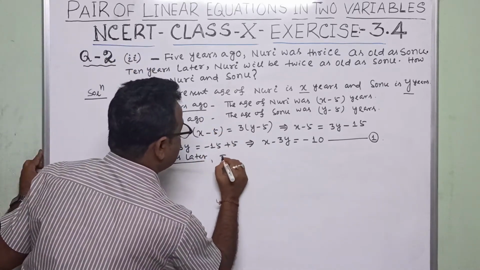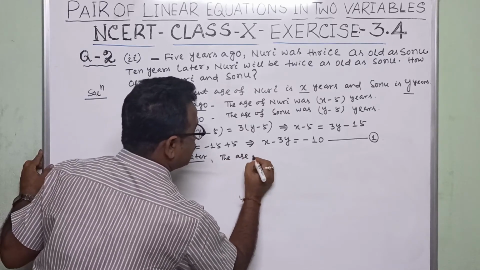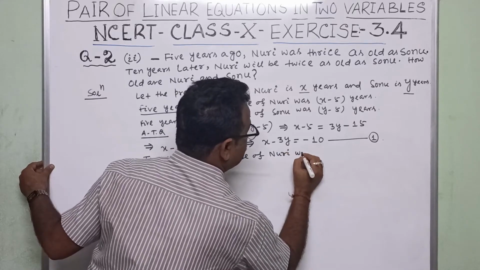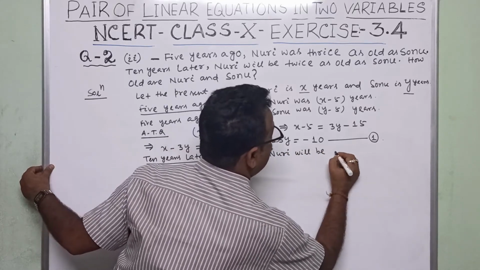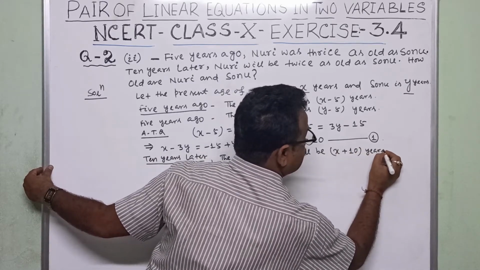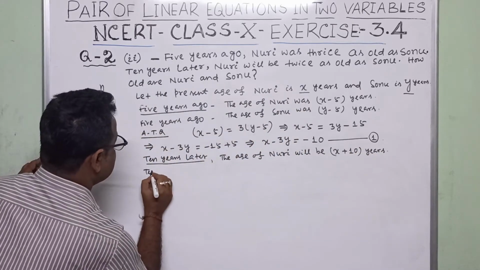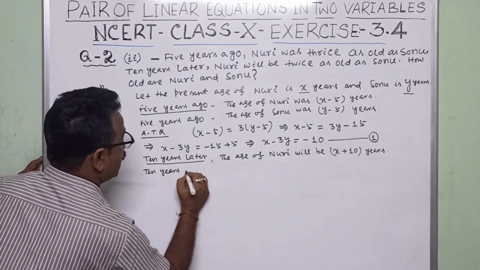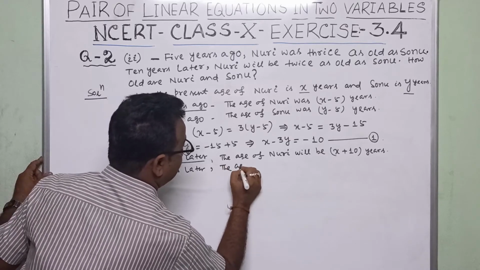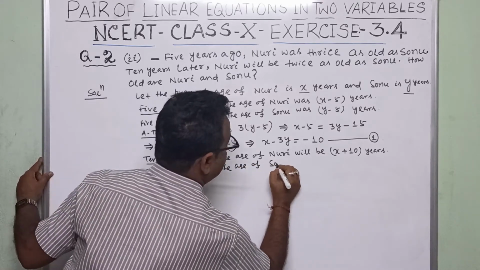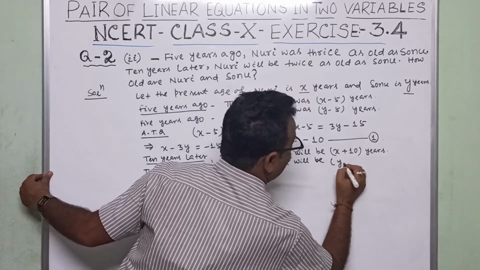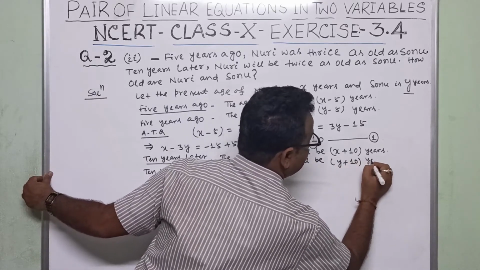The age of Nuri will be x plus 10 years, and the age of Sonu will be y plus 10 years.